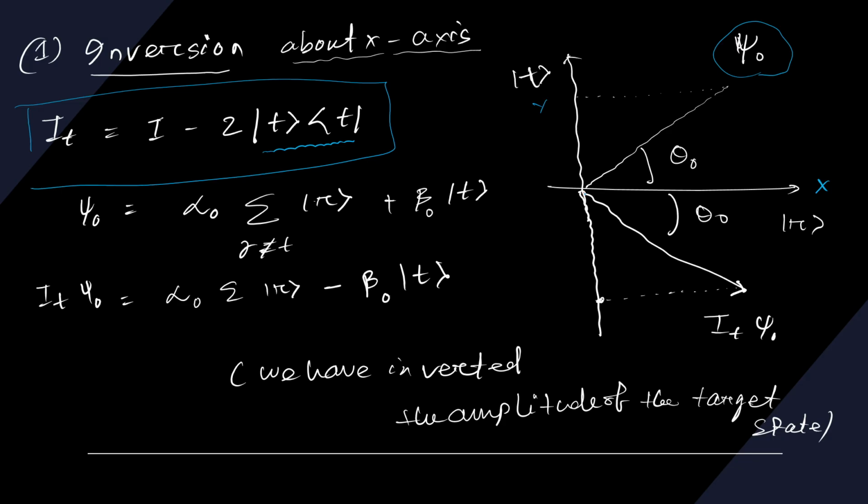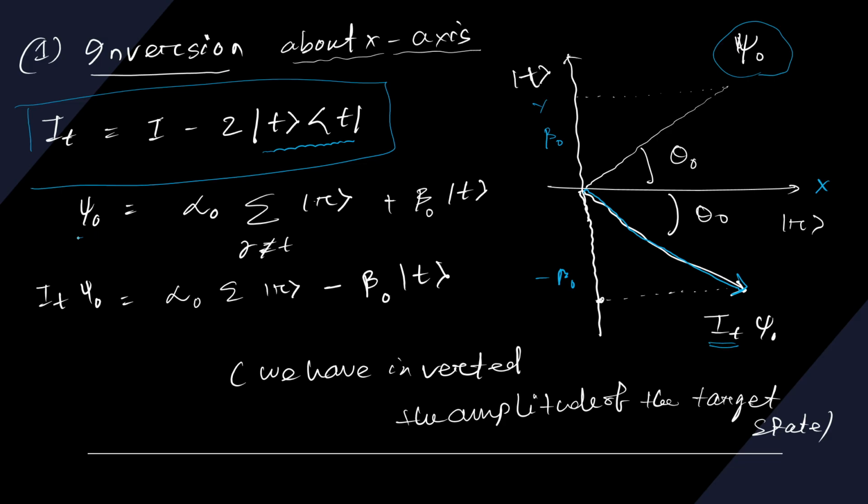That's why this new result occurs after the operation of the inversion operator. The inversion operator is nothing but I_t, and when it is operated on psi naught, it will invert the magnitude, especially the magnitude of the t coordinate.